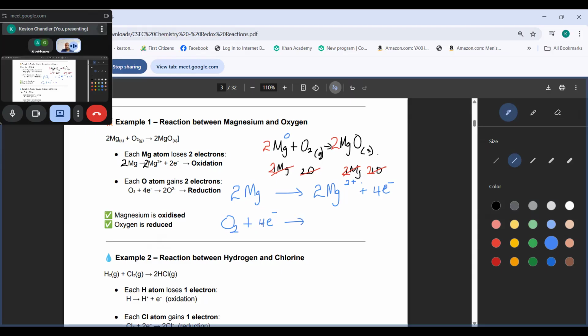And when it accepts these 4 electrons, remember there are 2 of them, you're going to get 2 oxygen ions, and each of them is getting 2 additional electrons. So that's going to create an imbalance between the number of protons and electrons. And each oxygen atom, or ion in this case, is going to have 2 more electrons than protons, giving it a charge of -2.